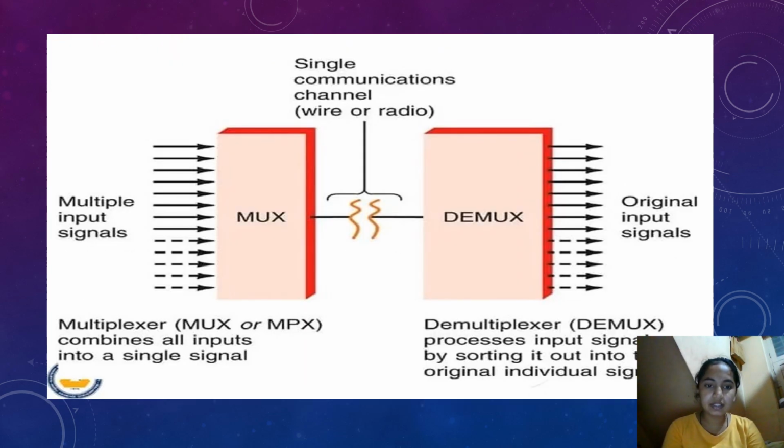A multiplexer, MUX or MPX, combines all inputs into a single signal, whereas a demultiplexer processes the input signal by sorting it out into the original individual signals. Here we can see the multiple input signals going into the multiplexer, and the demultiplexer giving back the original input signals.